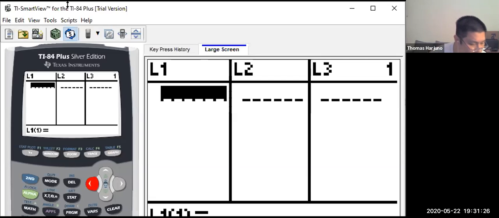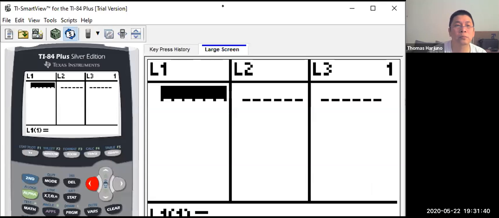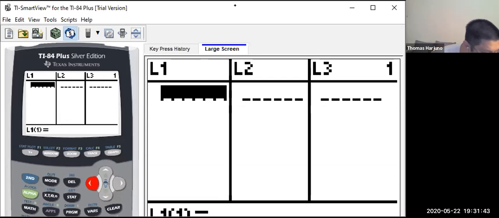By the way, when you plug in -1, you need to use this key here for the negative. Don't use the subtraction sign, use the negative sign. So -1, 2, 3, 0, -1, 4, 2, 0, and then 1. How many data are there? There are 9 data.